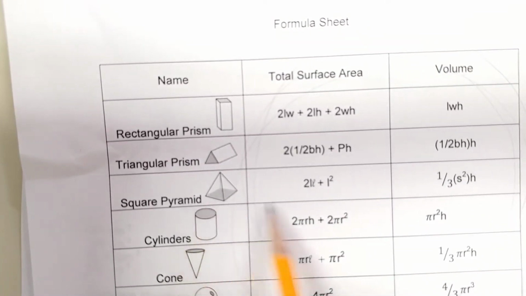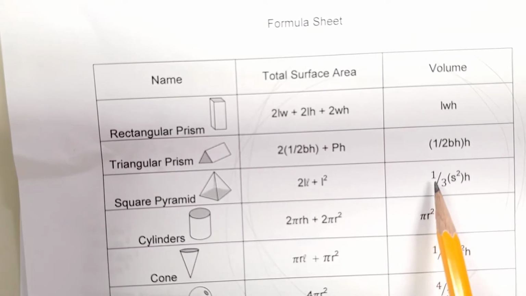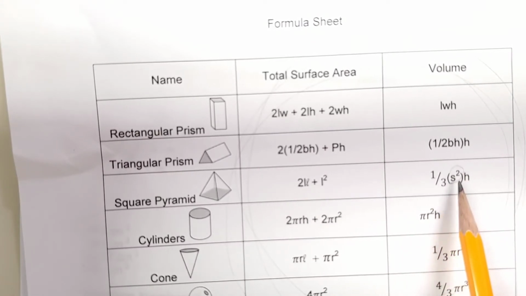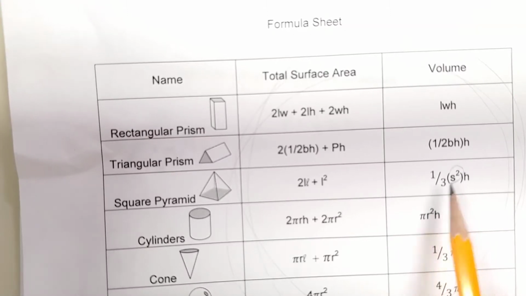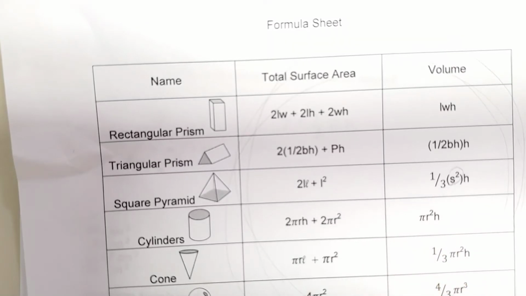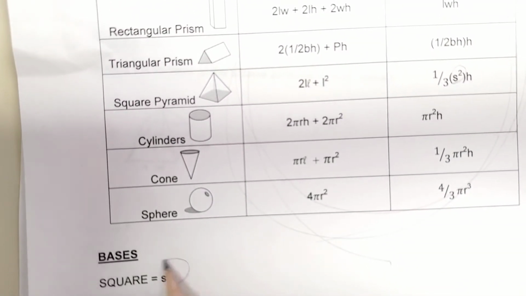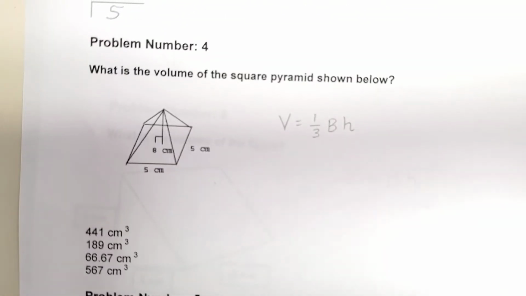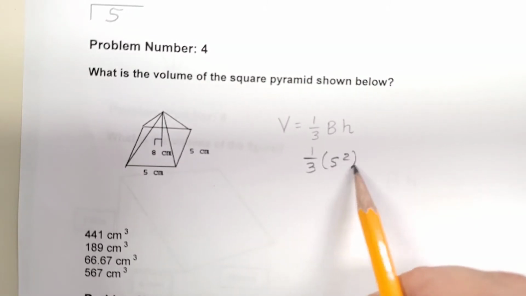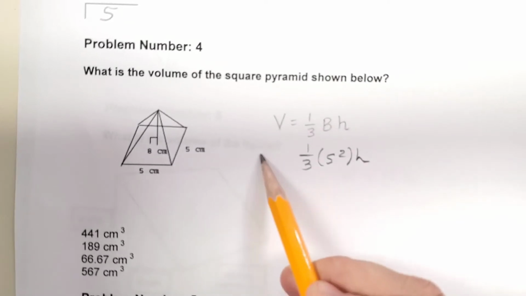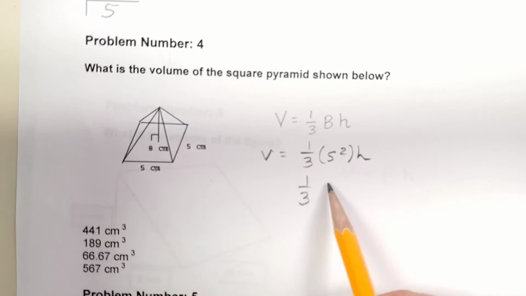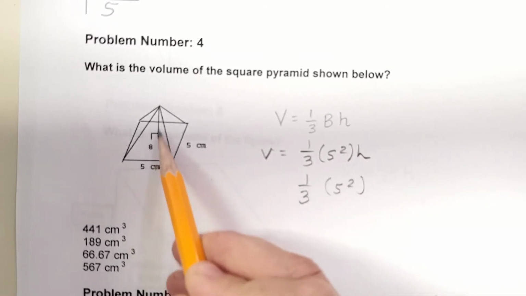Volume of a square pyramid, I have for you guys 1/3 times side squared times height, because this is how you find the area of the base. The base is a square. To find the area of a square, you just go side squared, right? So I'll write it out like it is on the formula sheet right here. Okay, 1/3 times the side is 5, and then the height is 8.